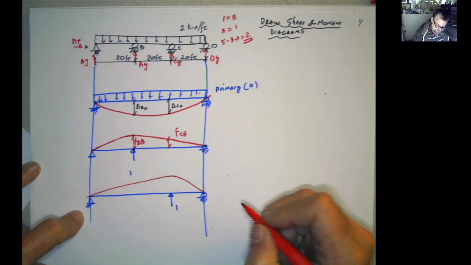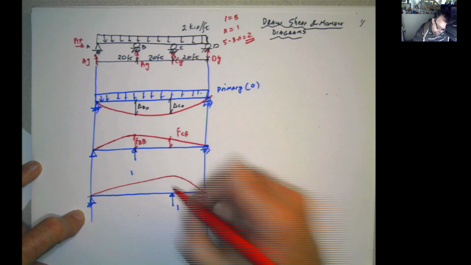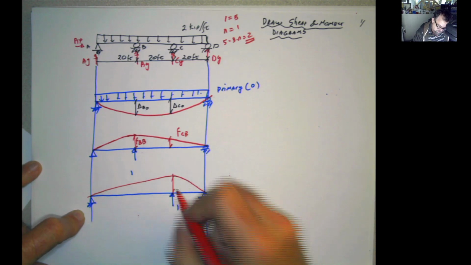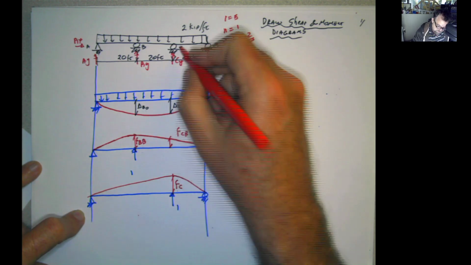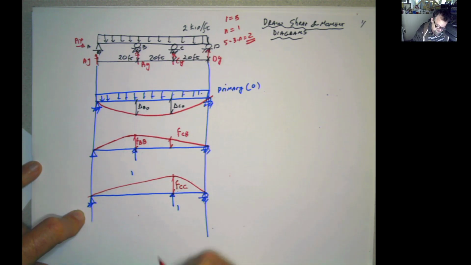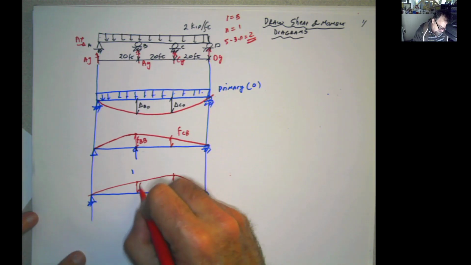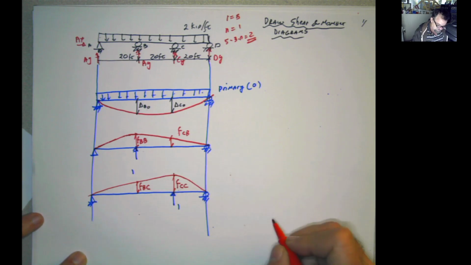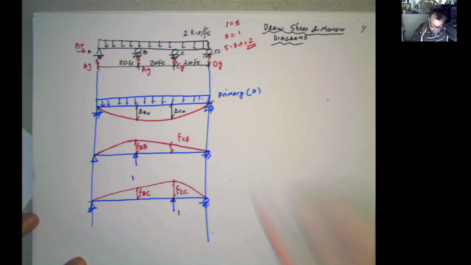That basically tells us this is the flexibility coefficient at point C, where the virtual load is applied at C, and this is the flexibility coefficient at B when the load is applied at C. Now, once we have this, we can go and work the problem out.